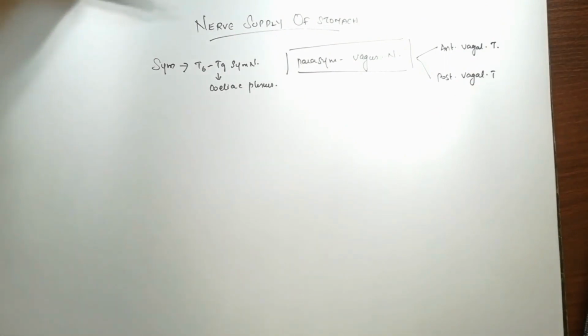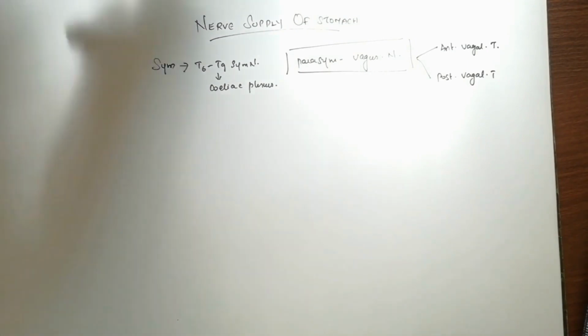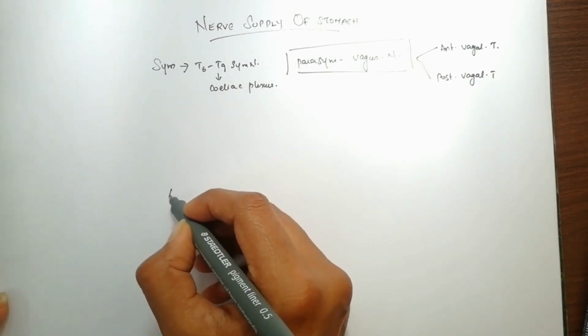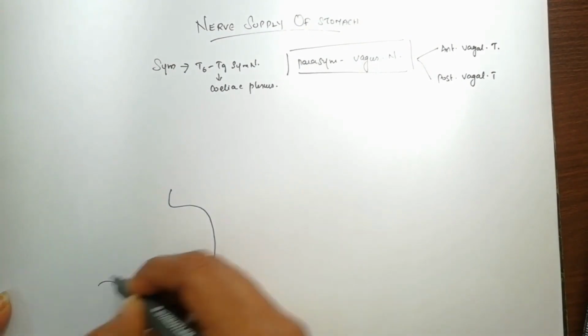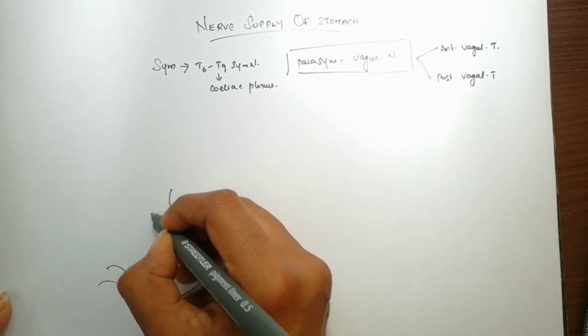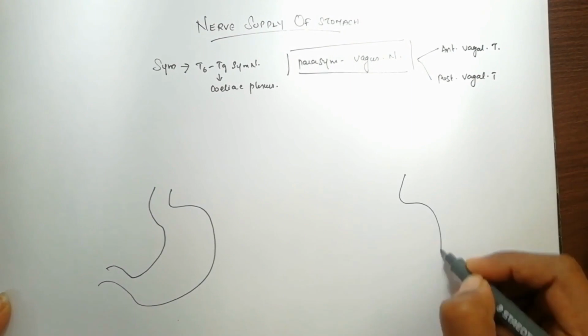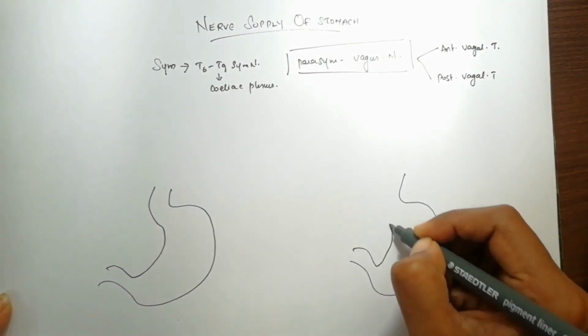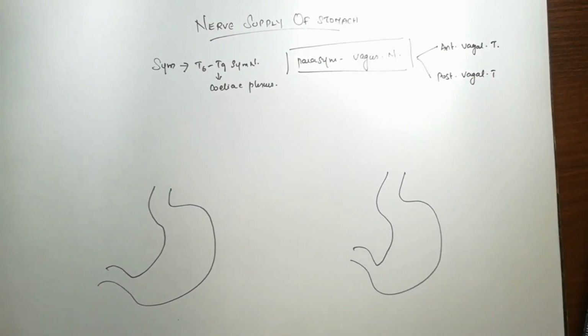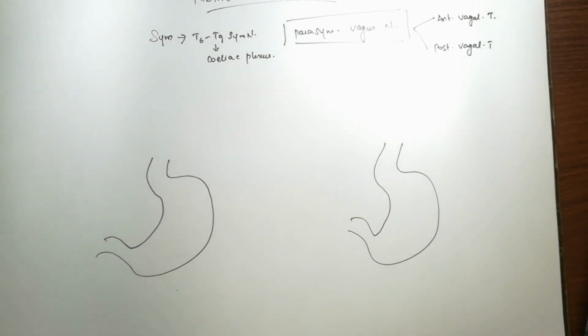In the thorax region we have the right and left vagus nerve. Now we are going to see these two vagal trunks separately, first the anterior vagal trunk, and then the details of the posterior vagal trunk.